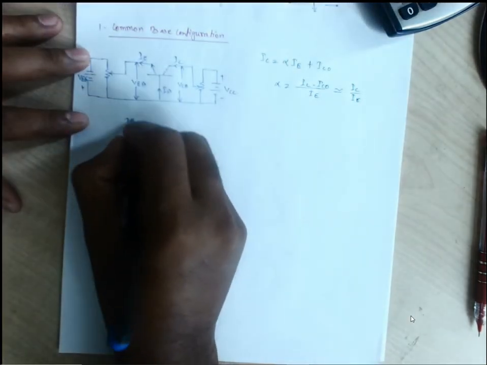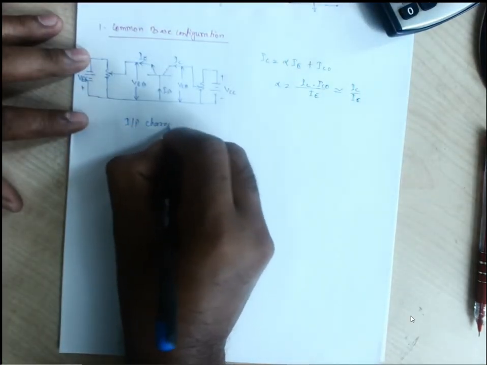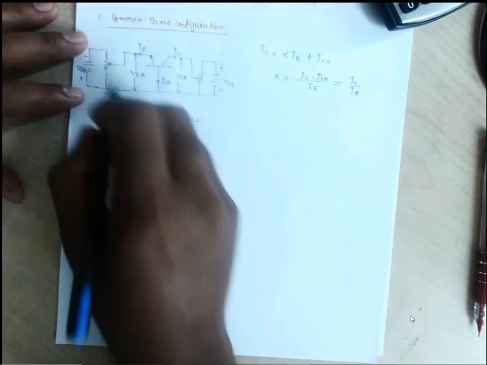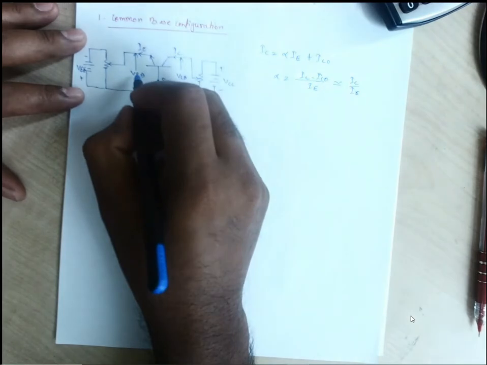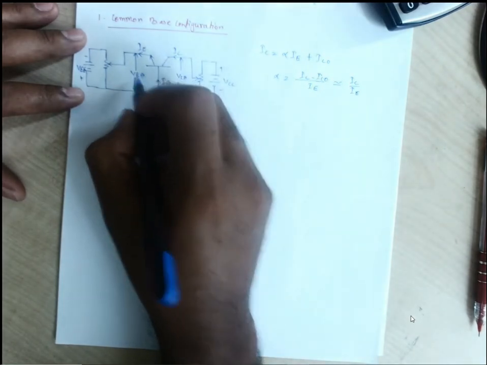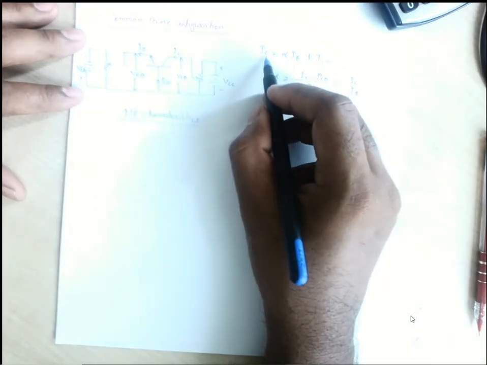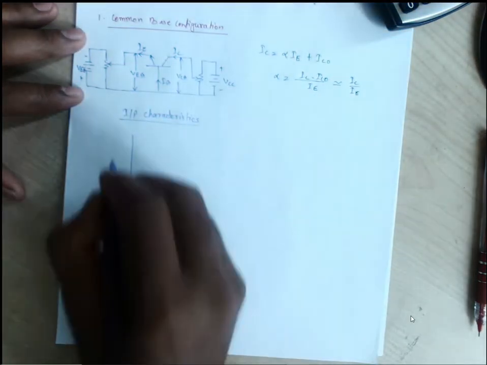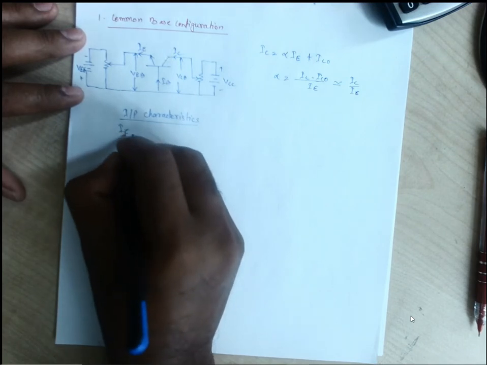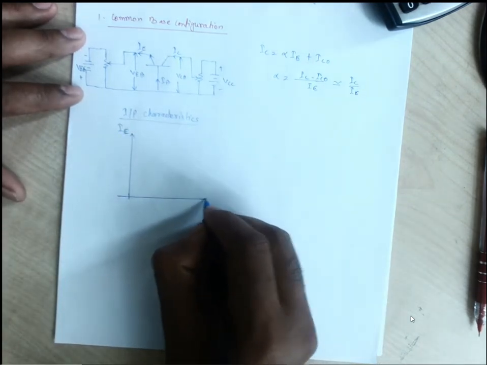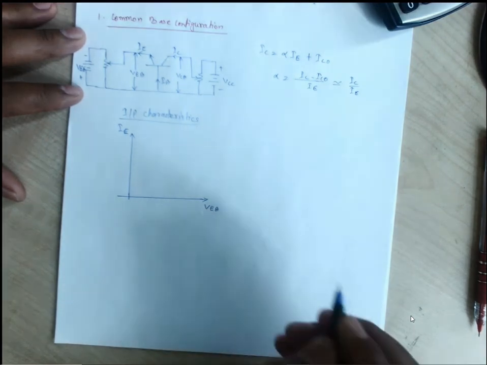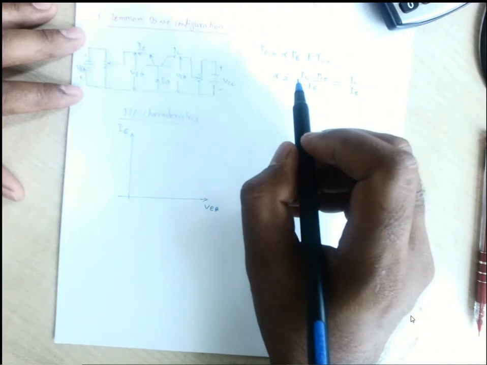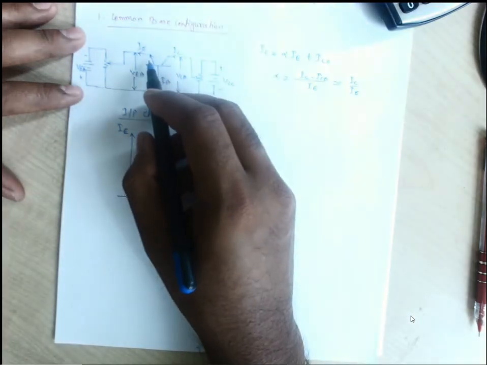Let us go with the input characteristics. Input will be this IE, and this input voltage is the VEB, because this IE will resist the IC. So if we draw the characteristics with respect to this IE and VEB, what we'll find, we'll have a normal PN junction connected, that is JE junction.